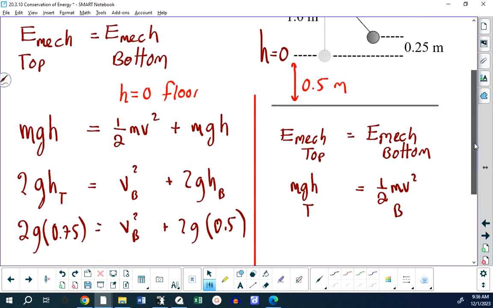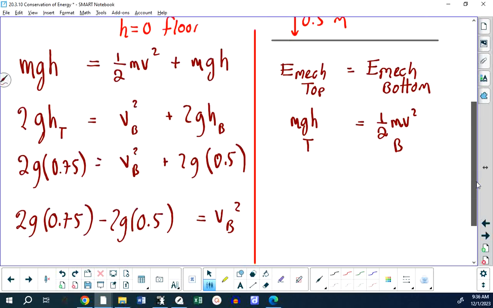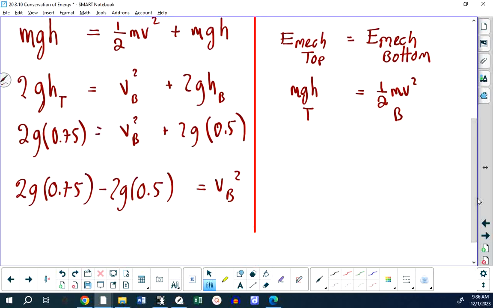Because if we're using h equals 0 at the bottom, there is no gravitational potential energy at the bottom of the swing, at the equilibrium position, right? Because this is where h equals 0. So the masses cancel. I can multiply both sides by 2 and get 2gh equals v at the bottom squared.